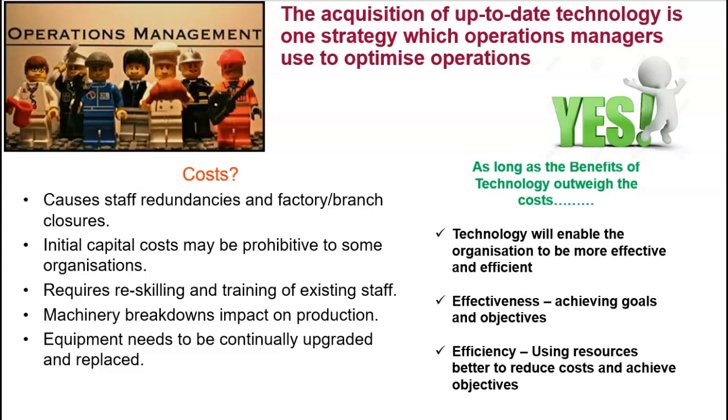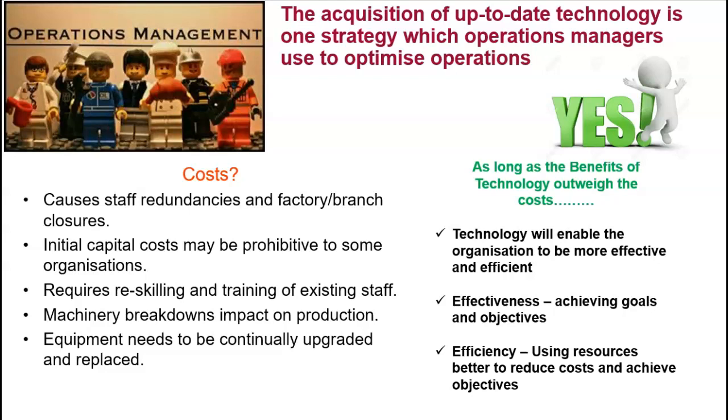There could be initial capital costs, which may be prohibitive to some organisations. There could be a requirement for the labour that's remaining to reskill and train. So that's a cost to the organisation, training staff. Machinery breakdowns on an ongoing basis could impact on production, and equipment needs to be continually upgraded and replaced. So that's also a cost of production.